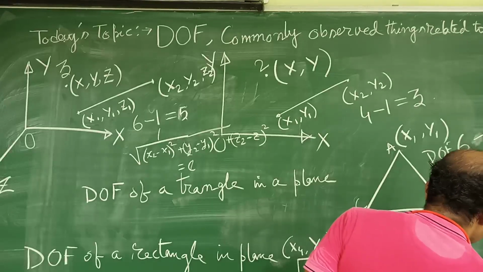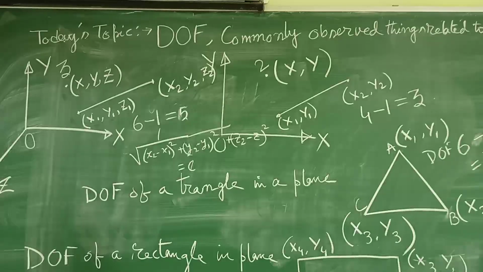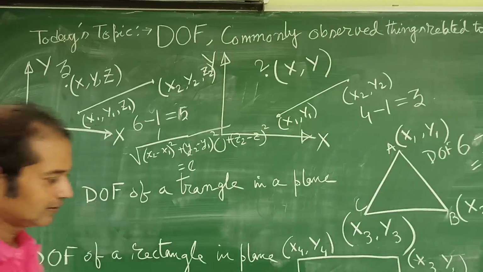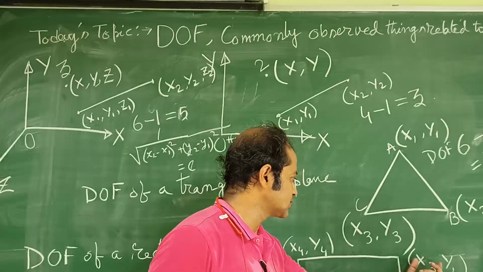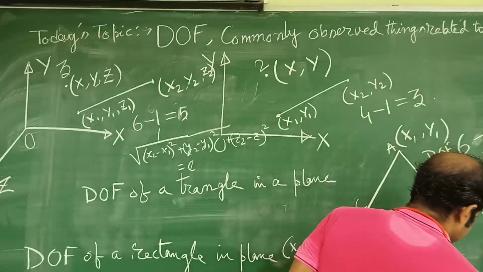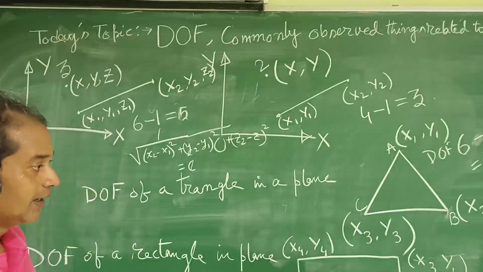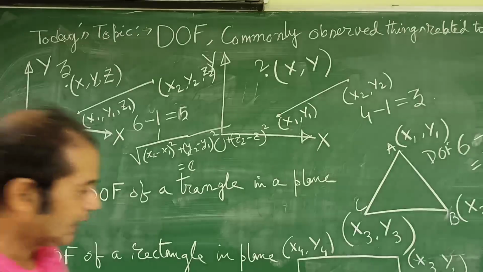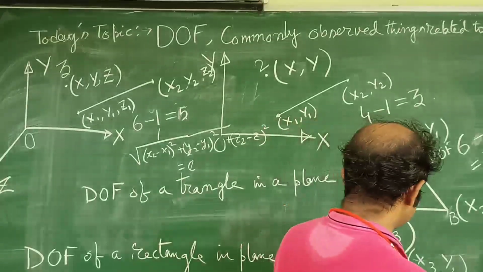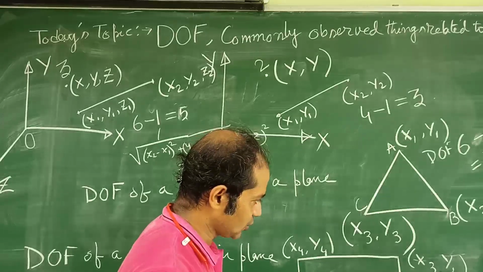DOF is equal to, what you are going to get? You have 4, 2, 2, 4, 6, 8, so 8 minus the constraints. What are those? This length is not going to change, this length is not going to change, this length is not going to change, and this length is not going to change.